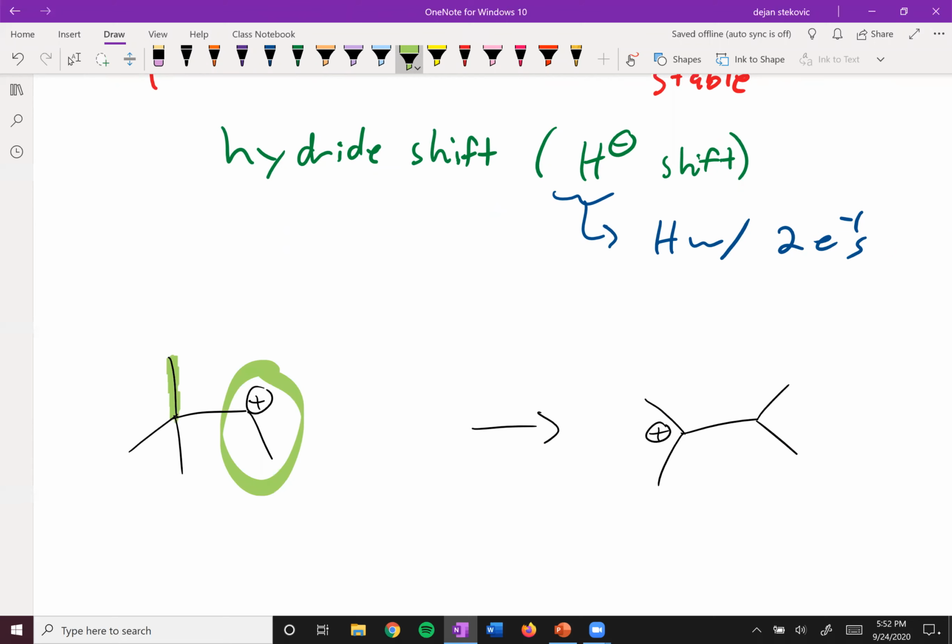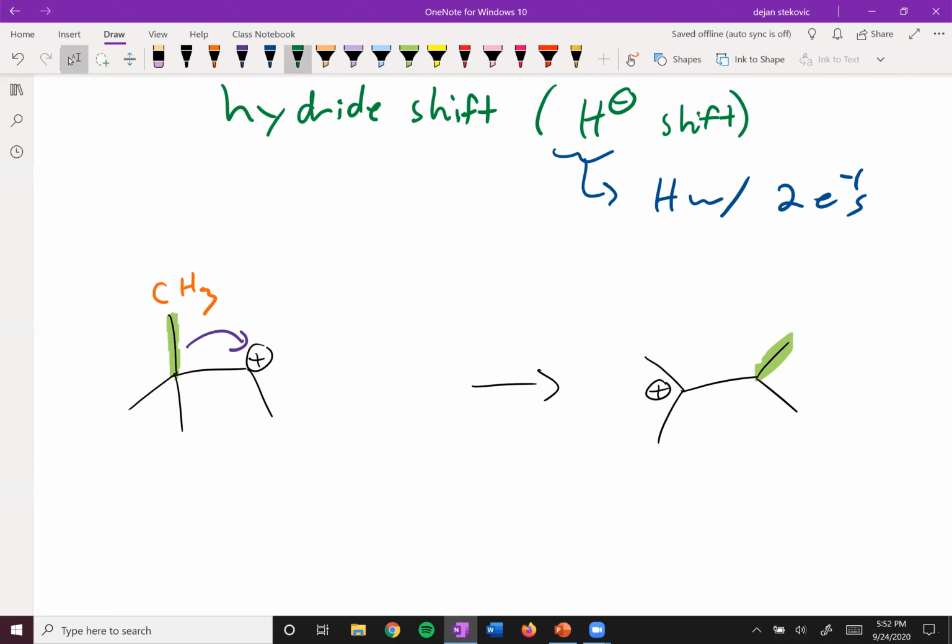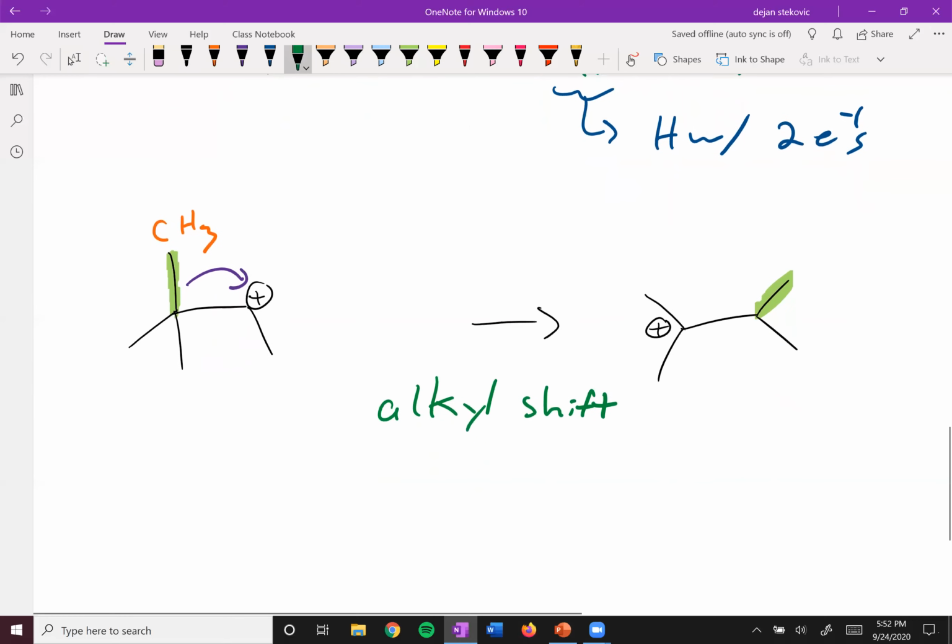And this one only has 1 methyl group, and now it has 2. So we had this methyl group move to give us our product. And this is called, similar to a hydride shift, an alkyl shift. Because instead of a hydride moving, you have an alkyl moving.